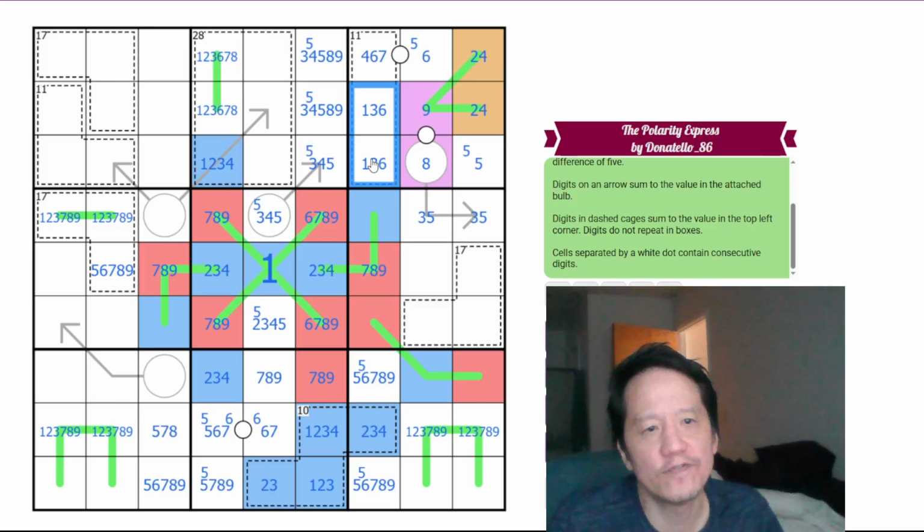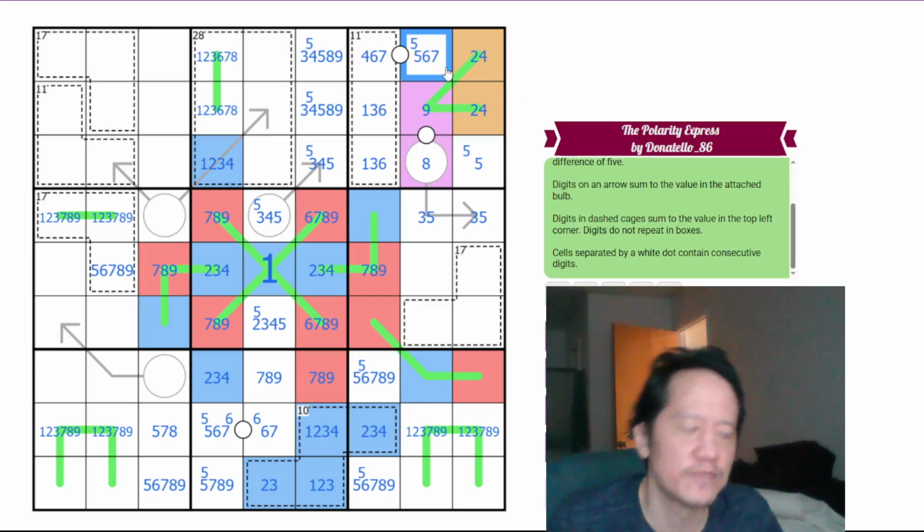If you have 1, 4, 6, you have 2 and 3 be consecutive. This would be 5 or 7 if that's the case.